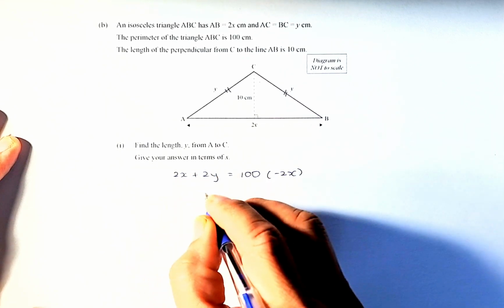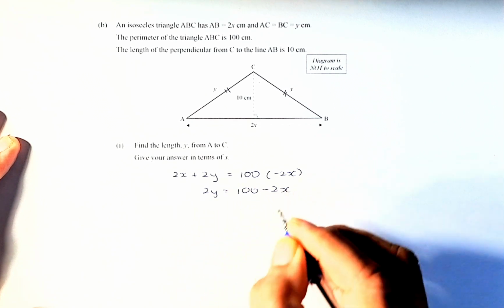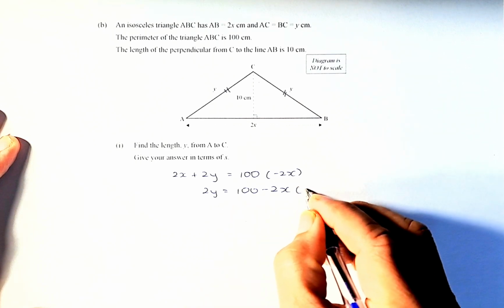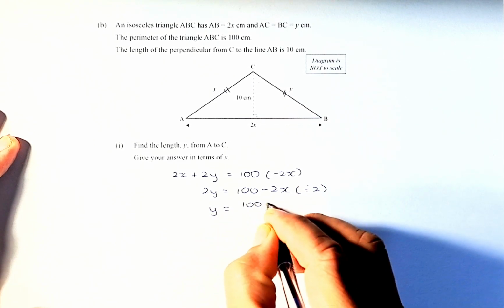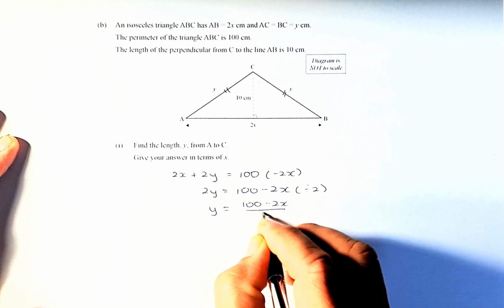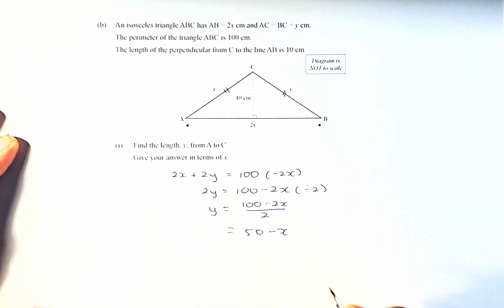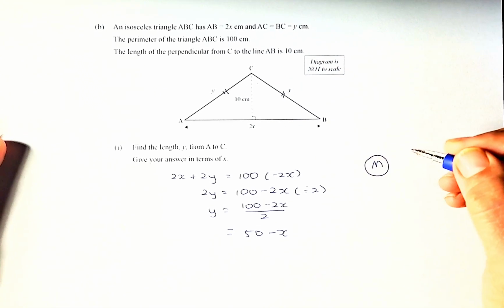So 2y equals 100 minus 2x. To get y, we divide by 2 on both sides. So y equals 100 minus 2x divided by 2, and you simplify it, it's going to be 50 minus x. And that is a simple question, and that is the merit in this paper.